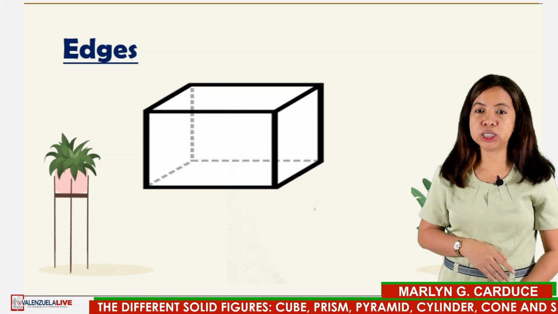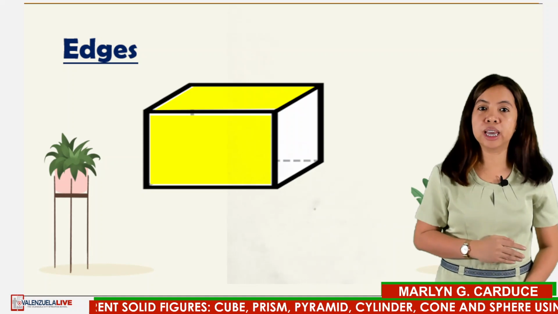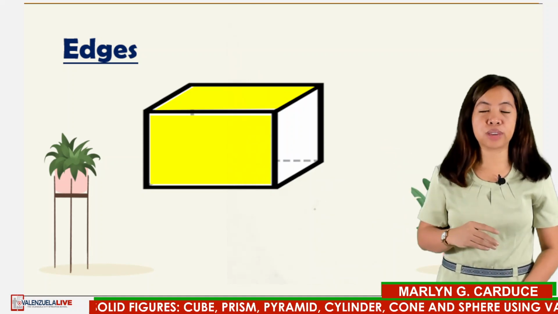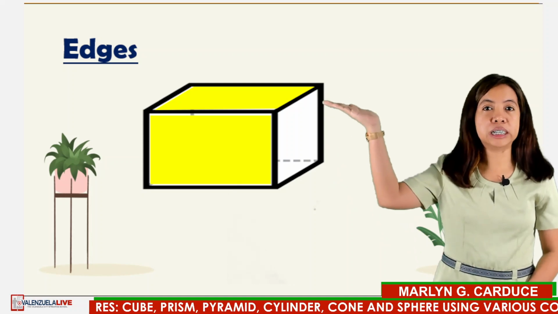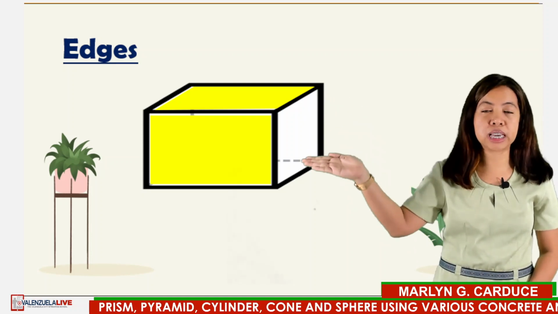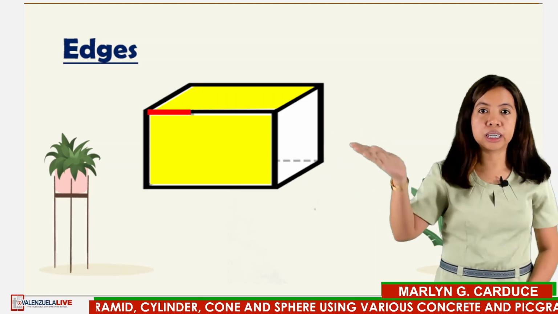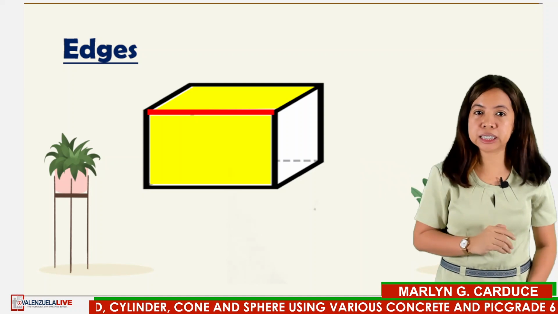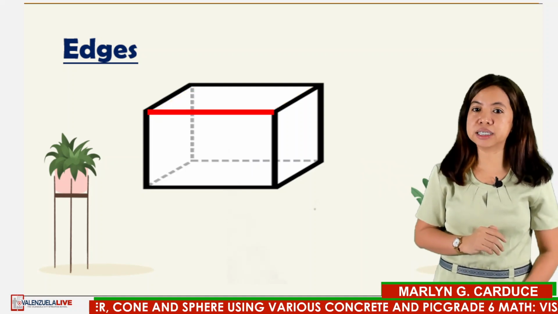We also have the edges, which are the segments formed by the intersection of two faces, just like in this figure. We have the top face and the front face, and when they intersect, they form a line segment called an edge. And the last is the vertex.